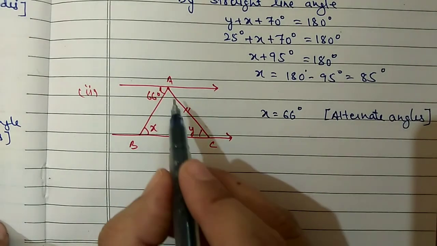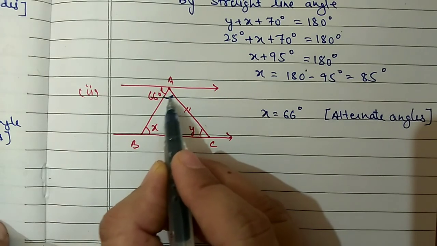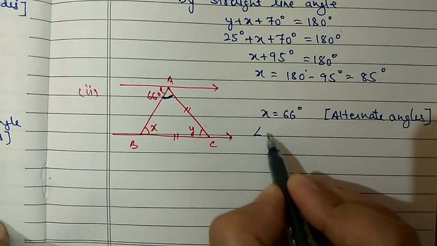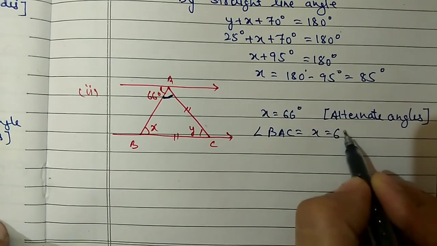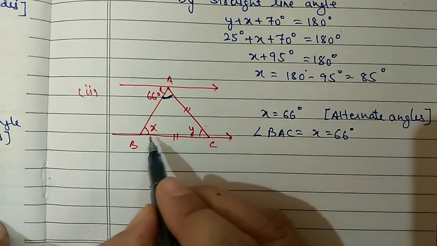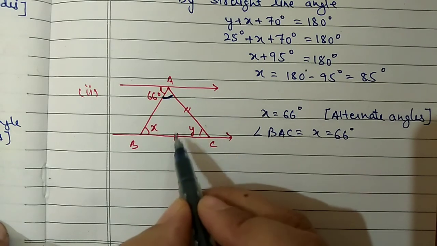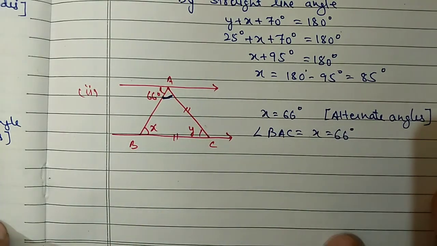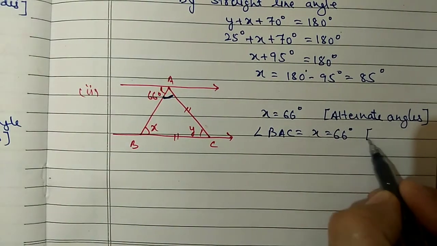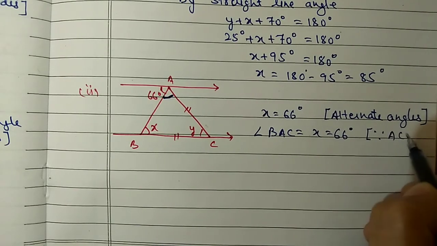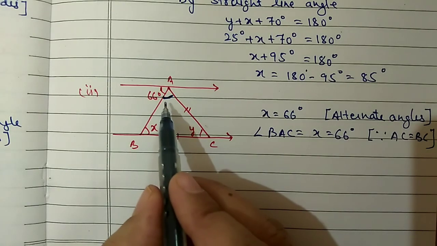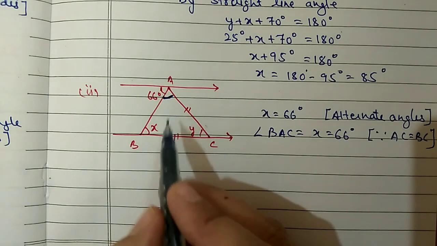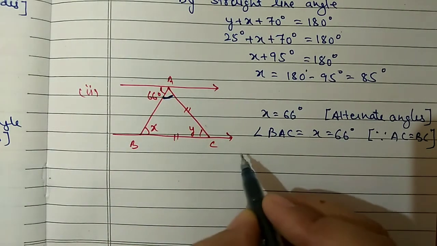After getting x, now this angle also will be equal to x. Angle BAC is equal to x equal to 66 degree. Because this is an isosceles triangle, these two sides are equal. So these two angle also will be equal. You can write reason because AC is equal to BC. After getting this 55 degree, now you can use angle sum property in this triangle.